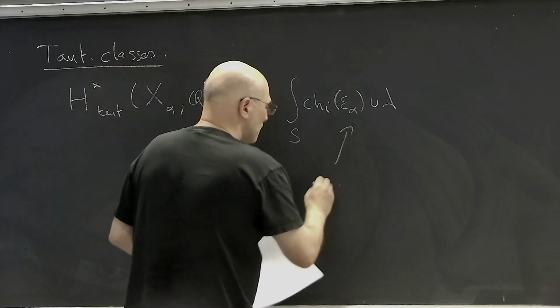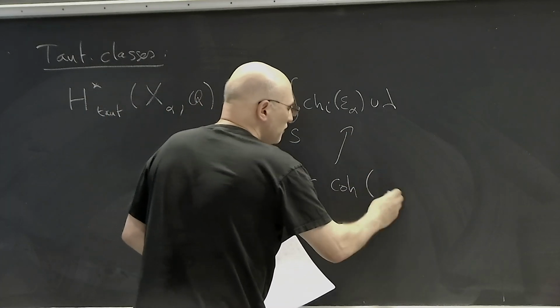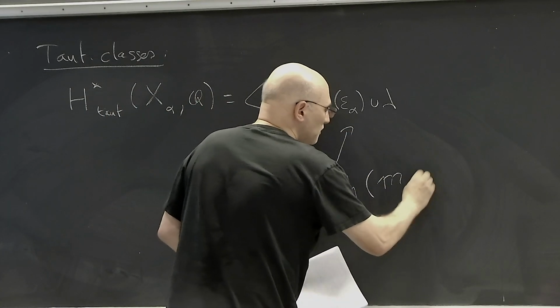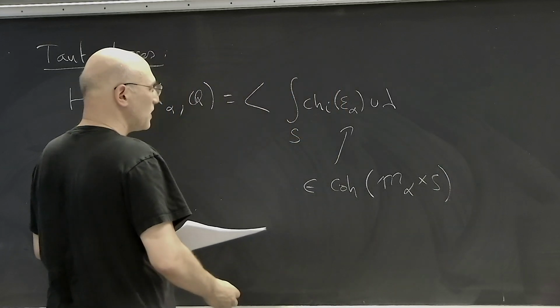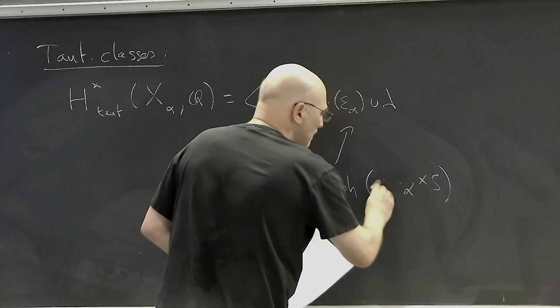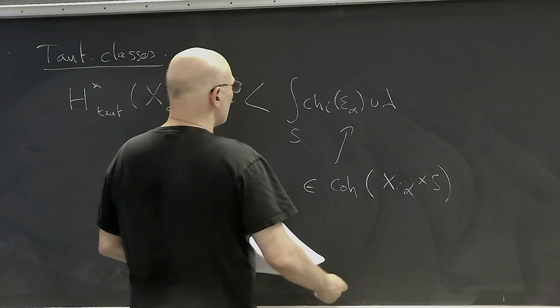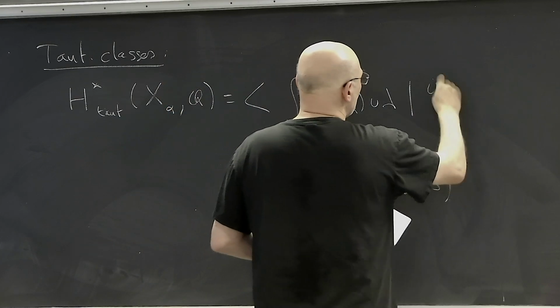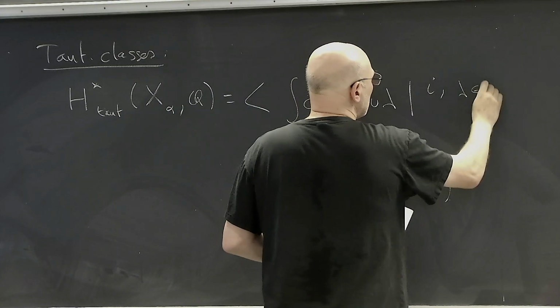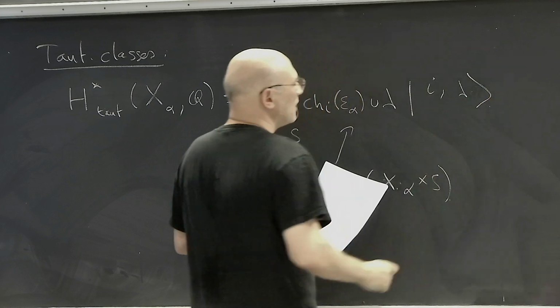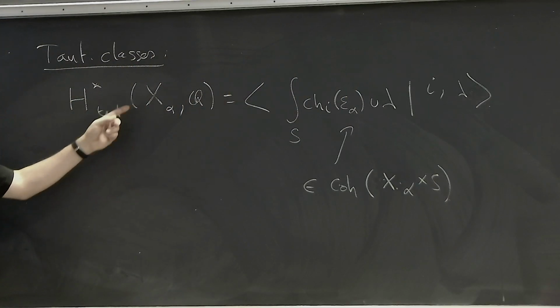This is a coherent sheaf on X alpha cross S, and this is for all values of i and lambda. So this is a subring of the cohomology ring.